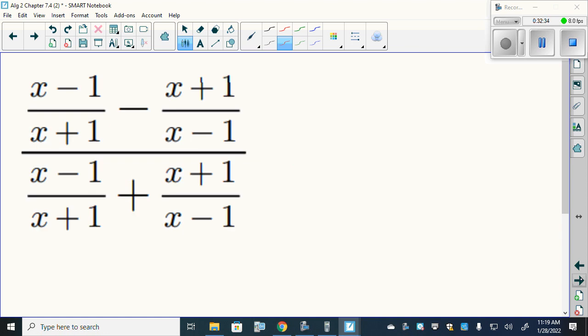This one here. I will guarantee you that it's not going to work out to be 1. So it's not going to be frustrating like that, because those are some of the more frustrating ones where you do all the work and then it's like, hey, it's 1.